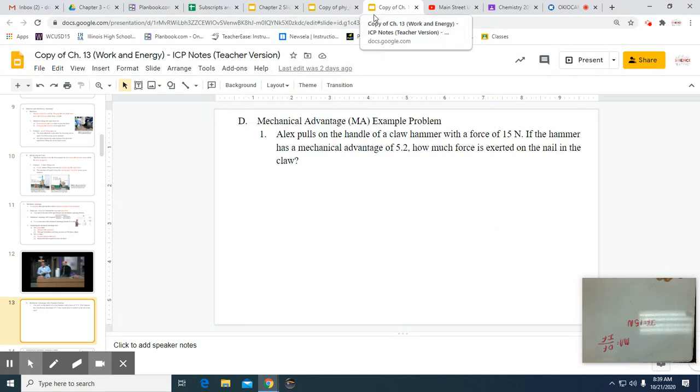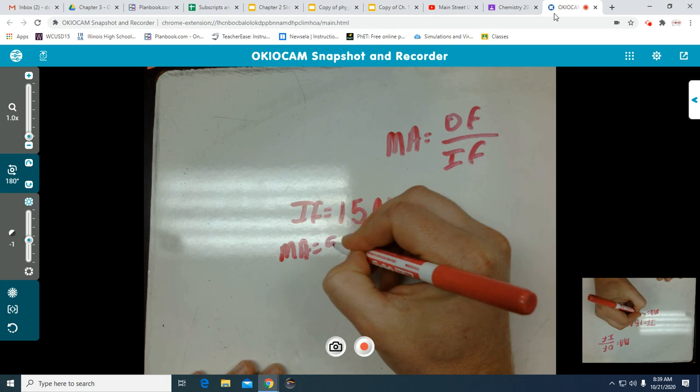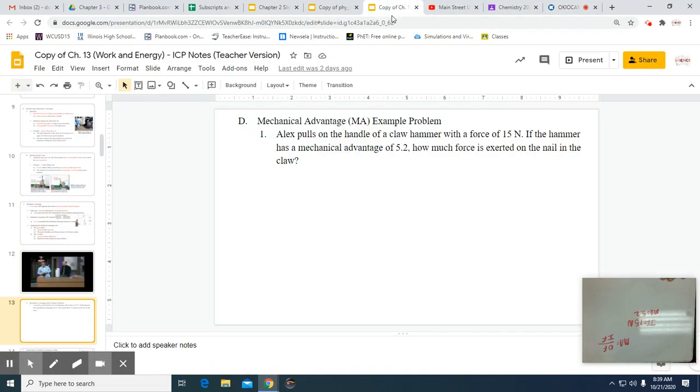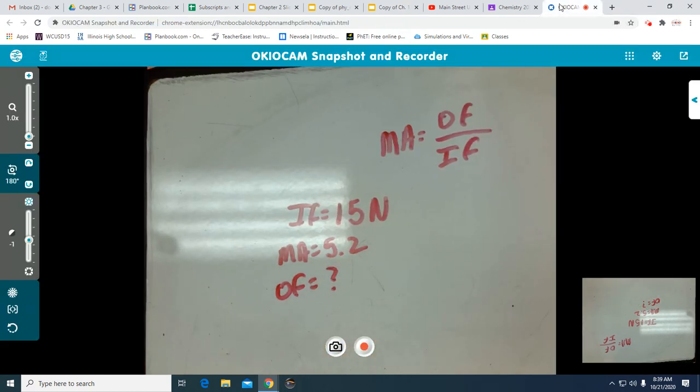It says the hammer has a mechanical advantage of 5.2. Again, you notice there's no units on there. So mechanical advantage equals 5.2. We need to figure out how much force is exerted onto the nail in the claw. So we need to figure out how much output force the hammer is having on the nail. So we don't know yet.